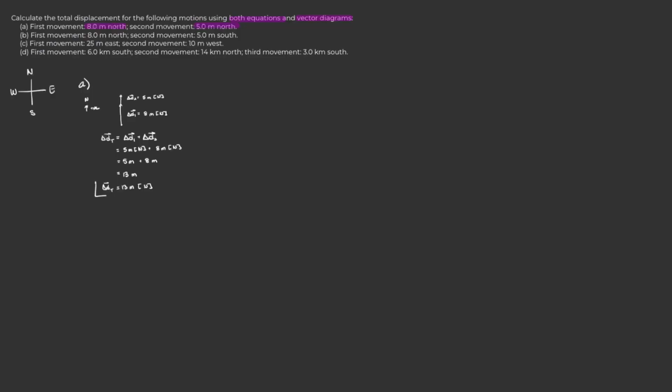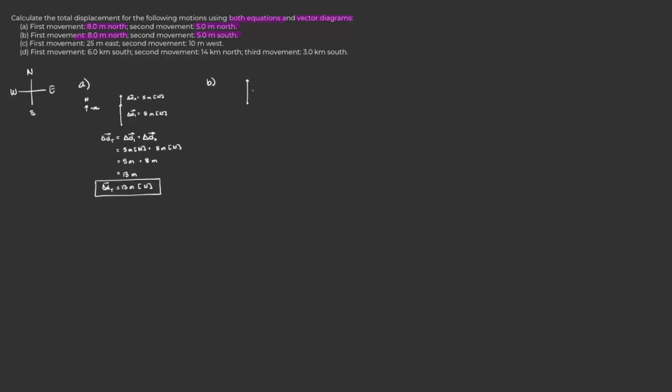Okay. Awesome. On to question B. Question B says that their first movement is 8 meters north and they travel 5 meters south. So in this case, we're starting at some origin.